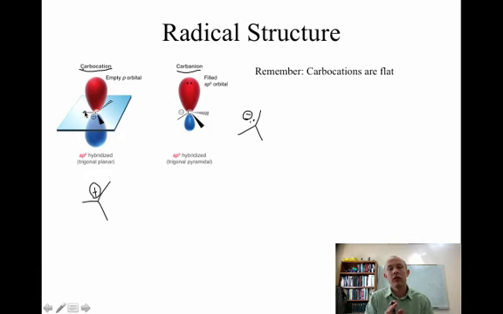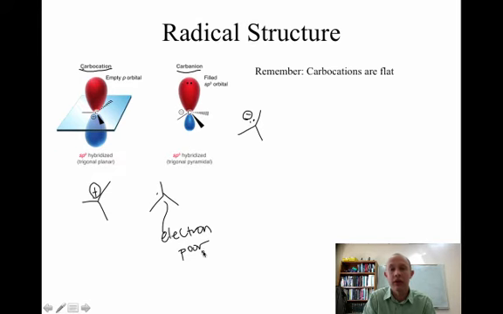I want everyone to think about the reactivity of radicals as being very similar to the reactivity of a carbocation, which makes sense, right? Because if we compare a carbocation to a radical structure, this lacks an electron. So this carbon is electron poor.